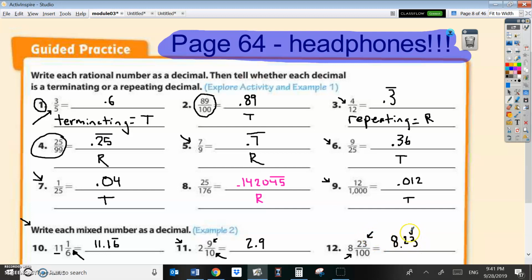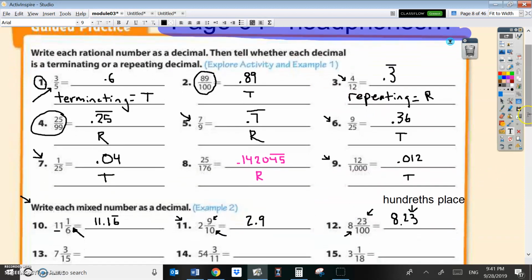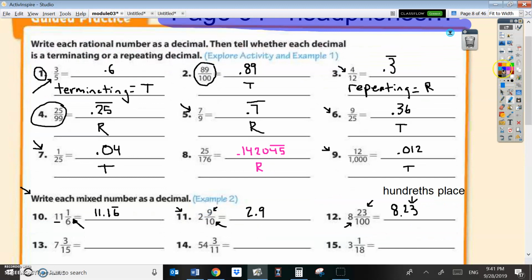This right here is the hundredths place. And that matches your denominator. Hundredths place here, 100 here. Good to go.